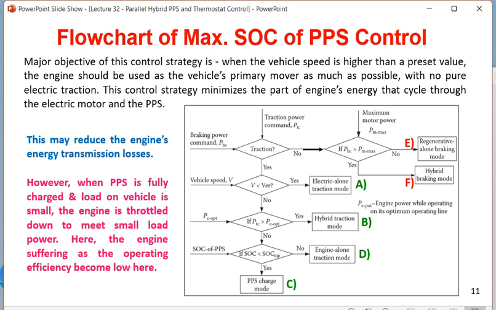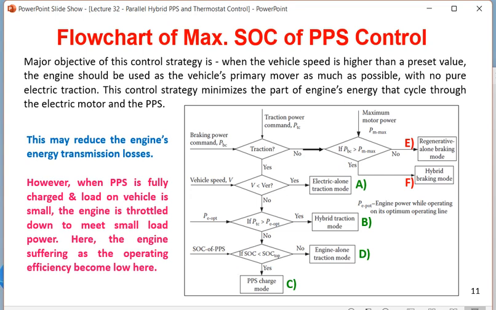However, when the PPS is fully charged, that means we are talking about case C. Okay, when the PPS is fully charged, case D, whenever PPS is fully charged and load on vehicle is small, engine is throttled down to meet the small load power. That means we are requesting power less than the engine power, and SOC is tested.